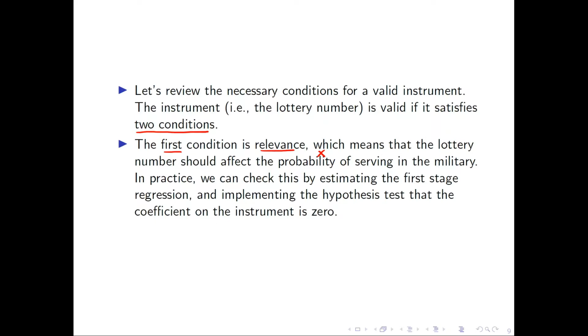So in practice, we can check this by estimating the first stage regression and implementing the hypothesis test that the coefficient on the instrument is 0. So you just apply the regression of x on z. And in this case, the coefficient on the z variable should be different from 0.